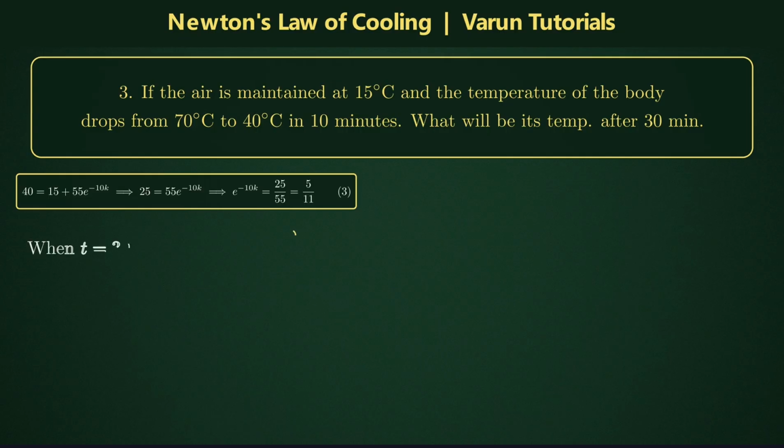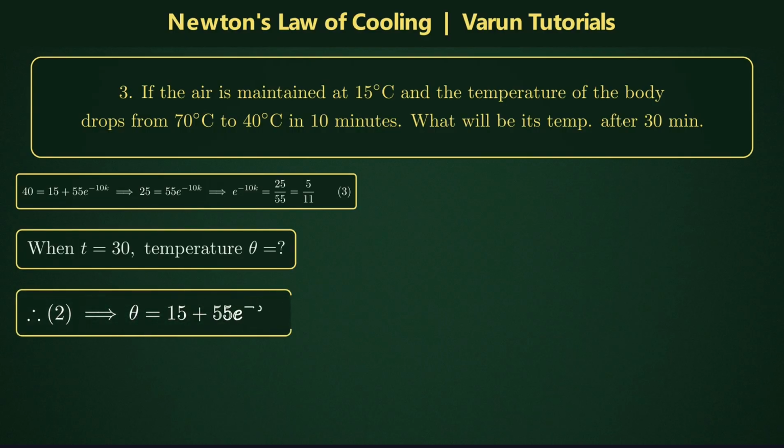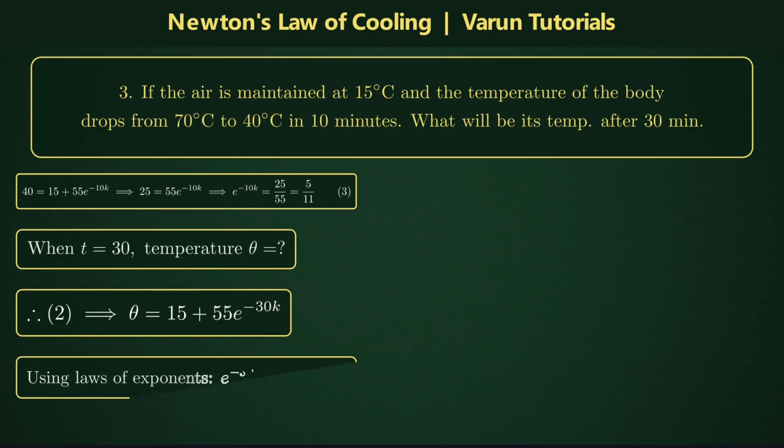Let's find the temperature theta of the body after 30 minutes. Substituting t equals 30 into equation 2, we get theta equals 15 plus 55 times e to the power of minus 30k. Using the laws of exponents, we can rewrite e to the power of minus 30k as the cube of e to the power of minus 10k.